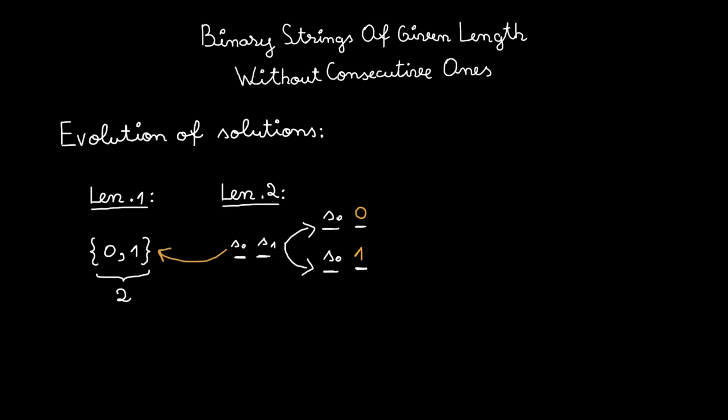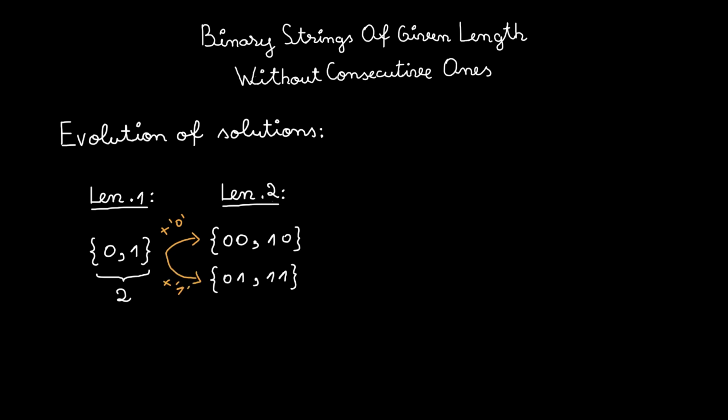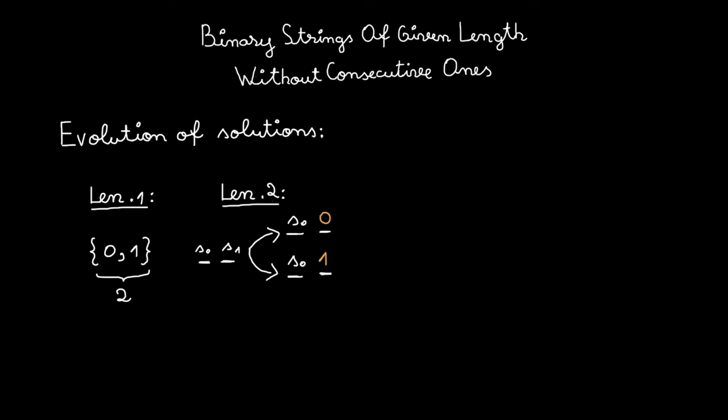What we can do is pick each string from the previous set and either push the character 0 to its end or character 1. But there is one bad string here, and that is 1, 1. Let us see why this happened. If S1 equals 0, then S0 could be either 0 or 1.